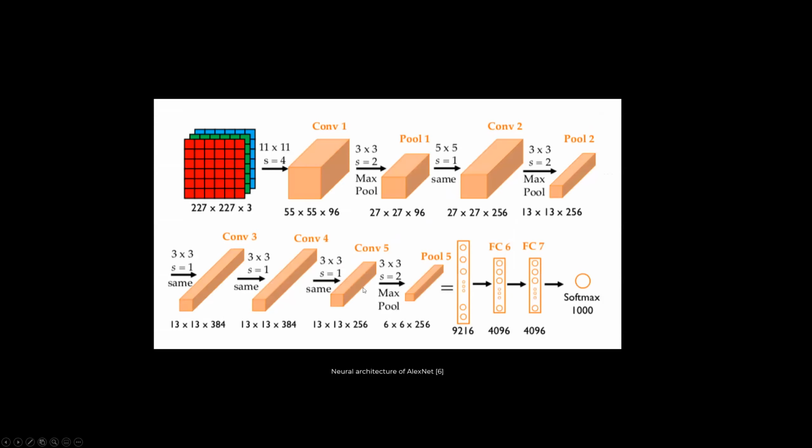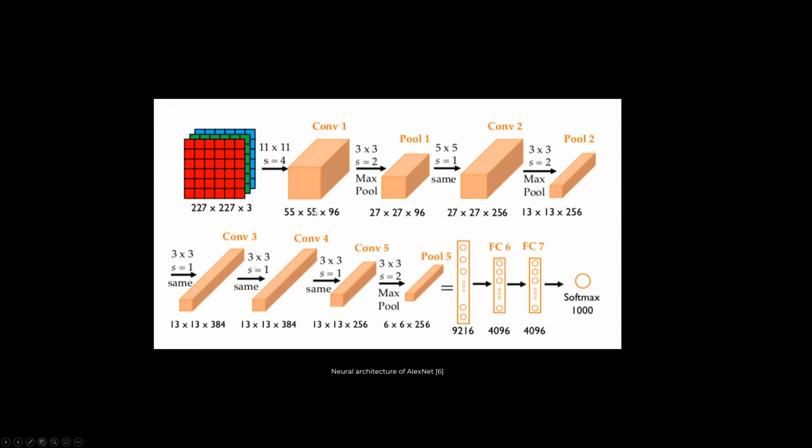And if we take a look at a previous state-of-the-art, basically a computer vision-based architecture named AlexNet, you can see it takes a picture of 227 by 227, and 3 is the number of channels, RGB basically, and passes it into the network.